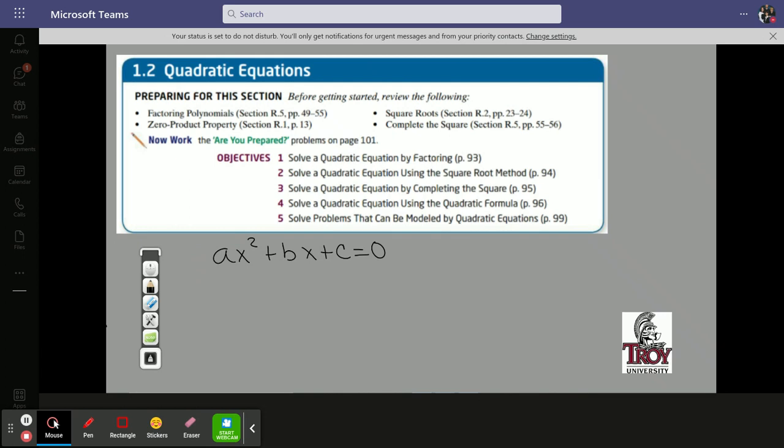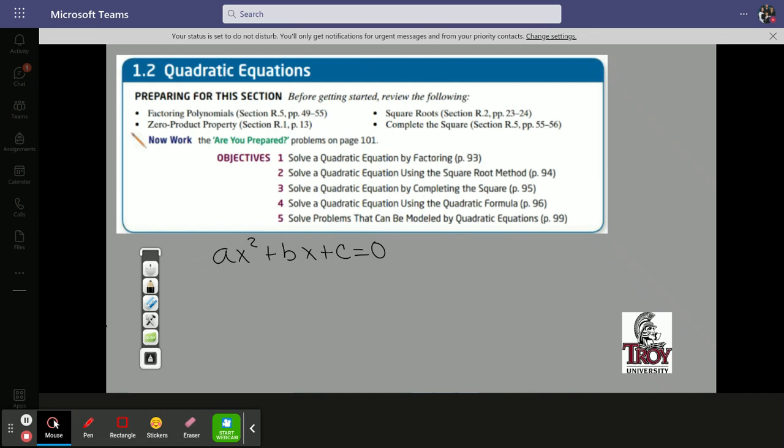What are we trying to figure out when we solve, and why do we set it equal to 0? That 0 is my y. That is where I'm going to cross the x-axis. If I'm anywhere on this x-axis, what is y equal? 0, right?